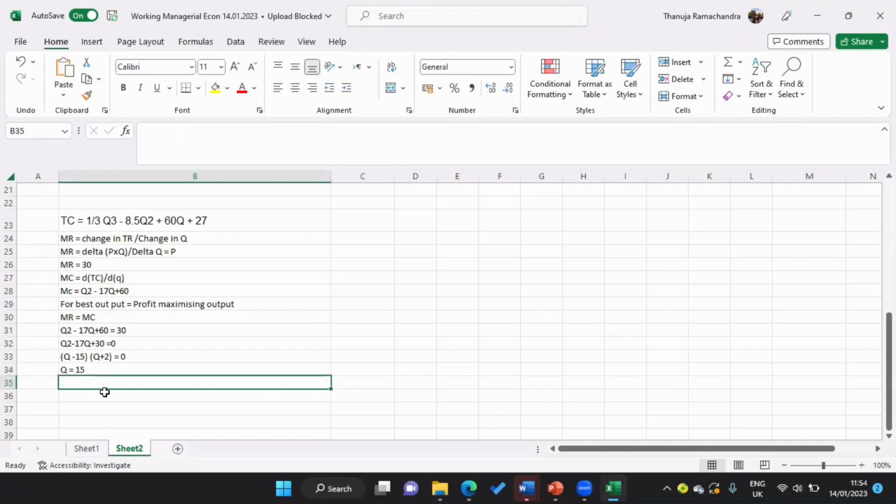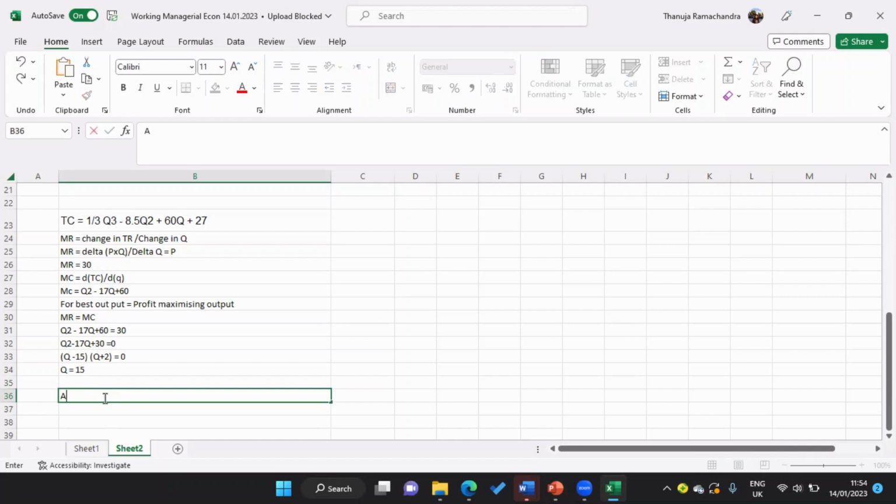Otherwise, what we can do is, for the optimum output, we target the average cost minimum, right? So the slope of AC at its minimum equals 0. We go up to the point where average cost is minimum.